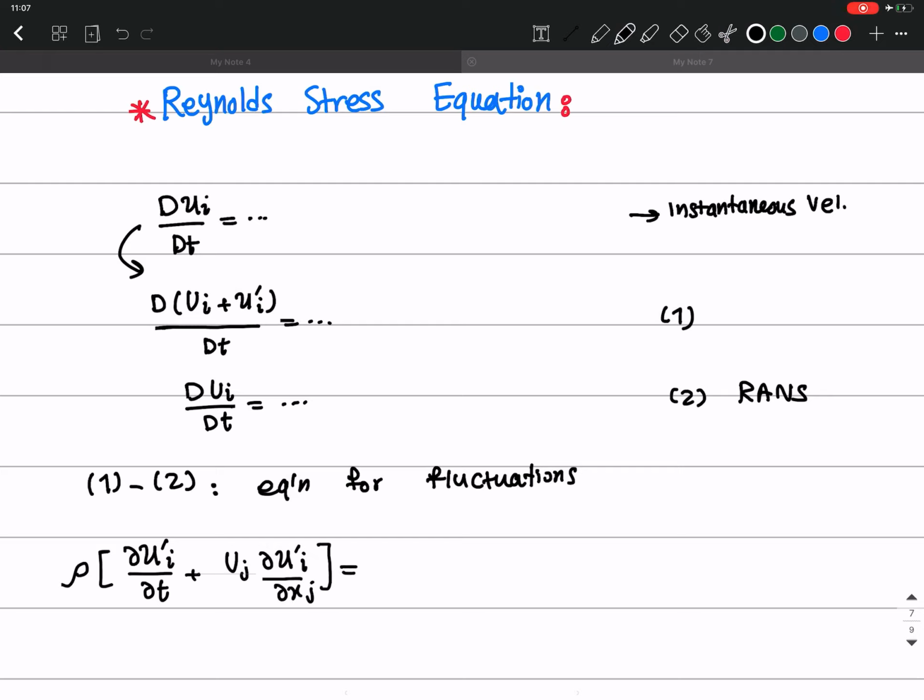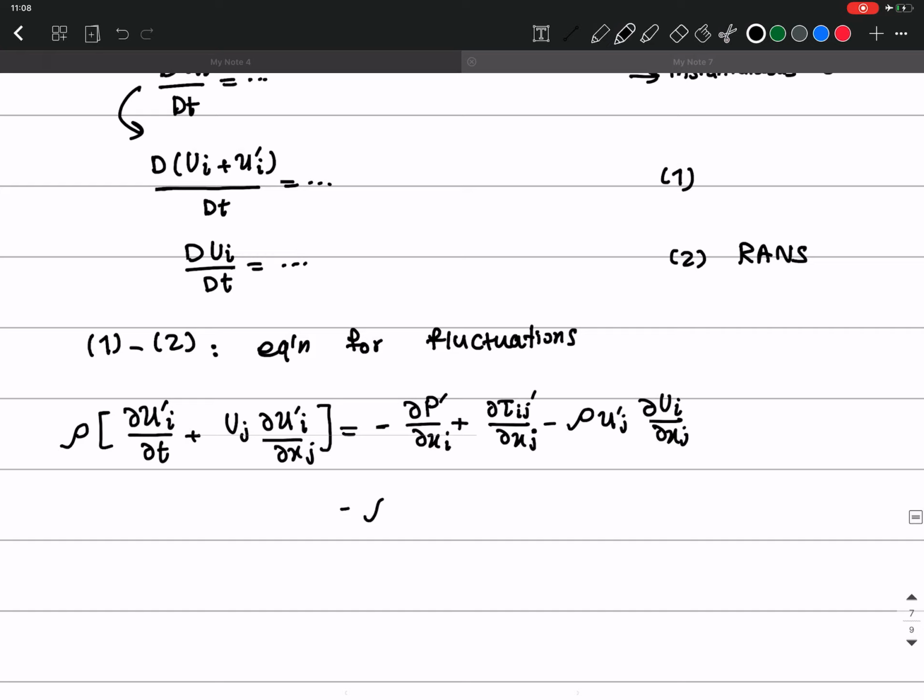This is the left hand side, equal to the right hand side, which is minus partial p prime over partial xi plus partial tau ij prime over partial xj minus rho u prime j partial capital Ui over partial xj minus rho u prime j partial u prime i over partial xj minus the average of u prime j partial u prime i partial xj, with a bar.